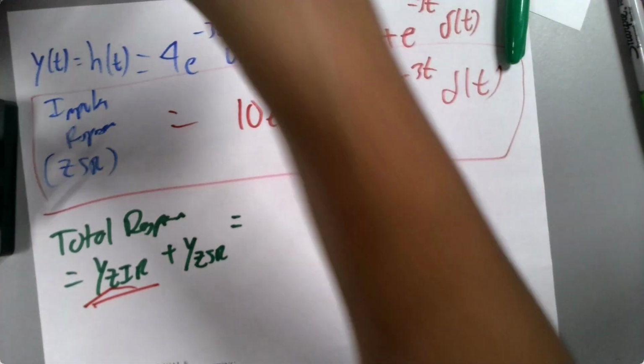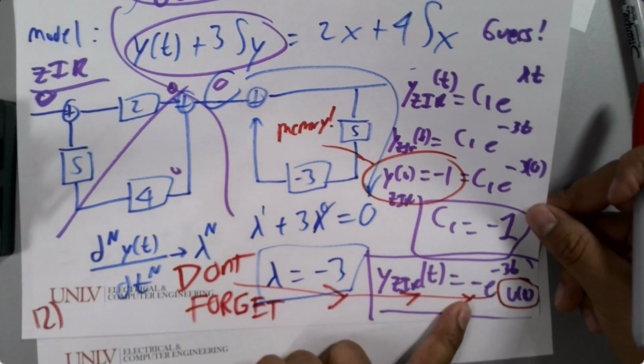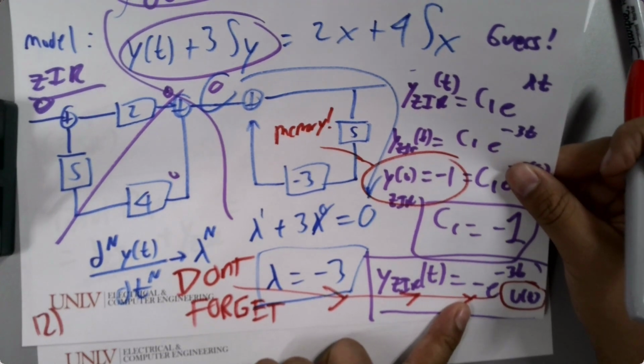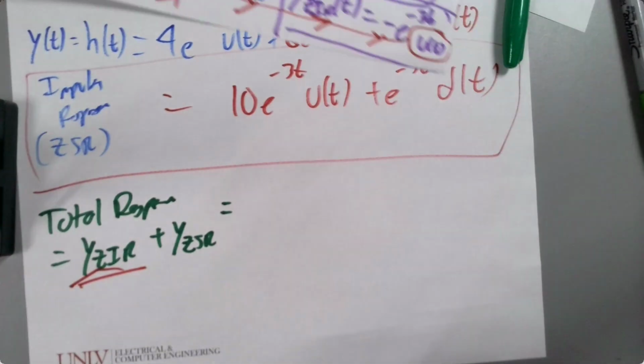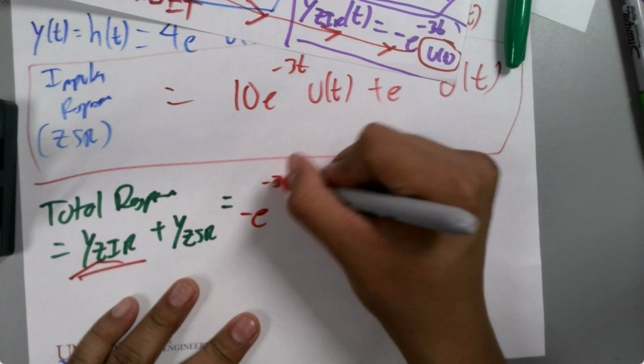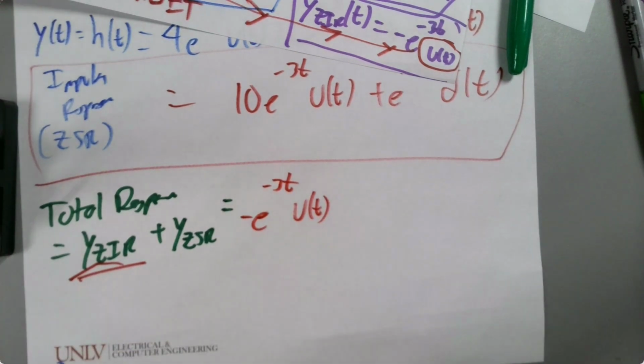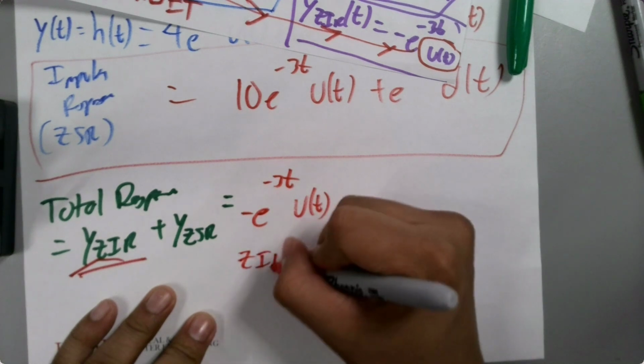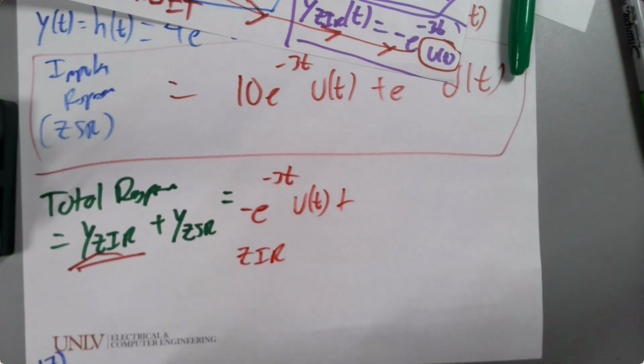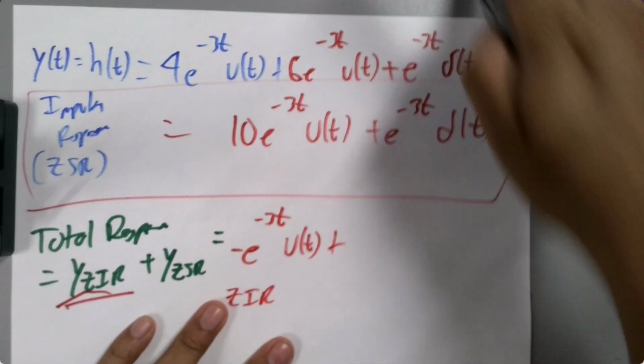Aha, found it. There, remember? You see that? E to the negative 3t times u of t. This right here is the ZIR.